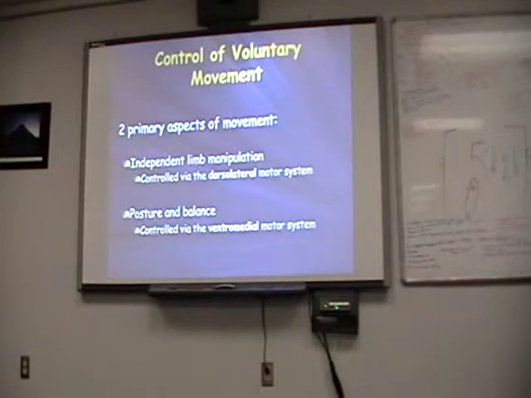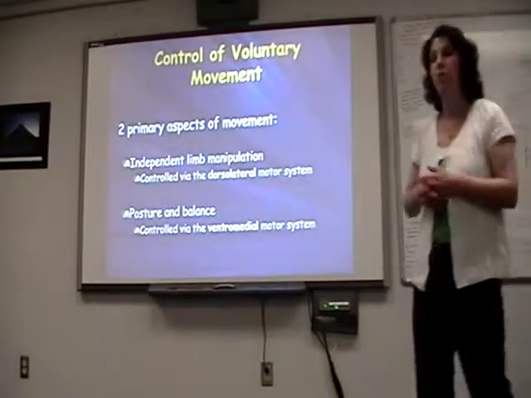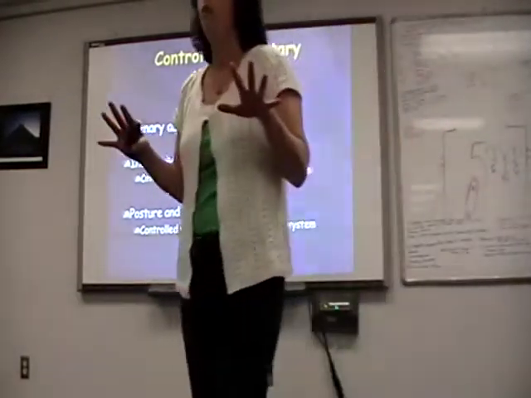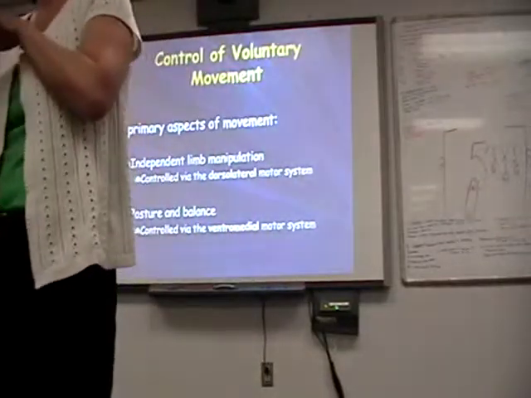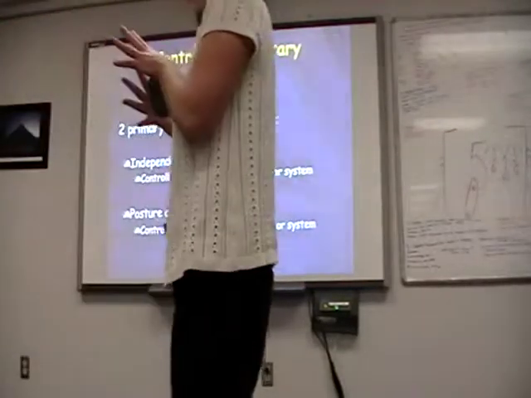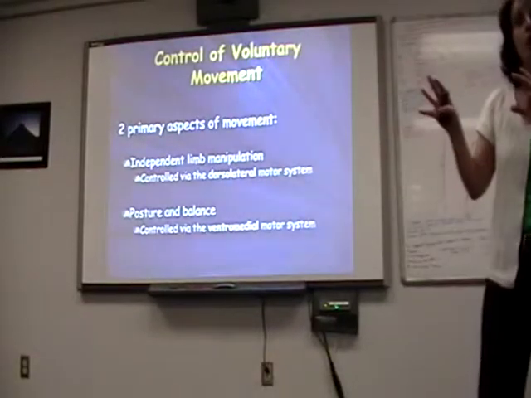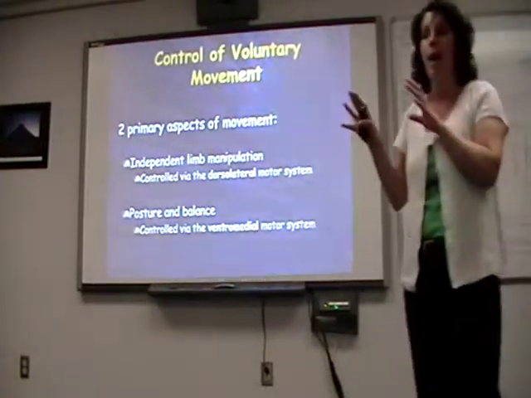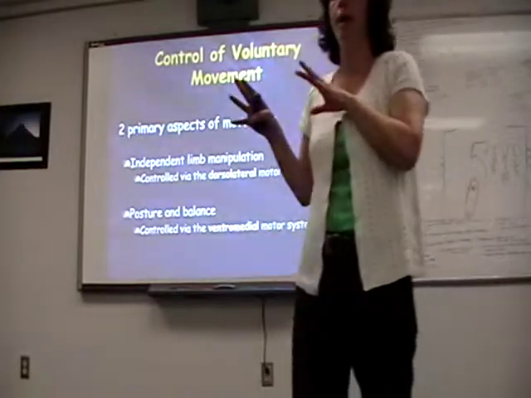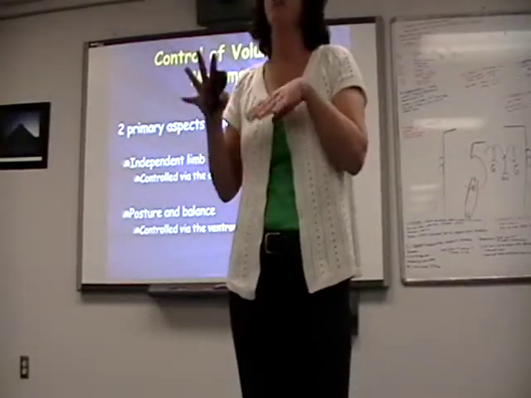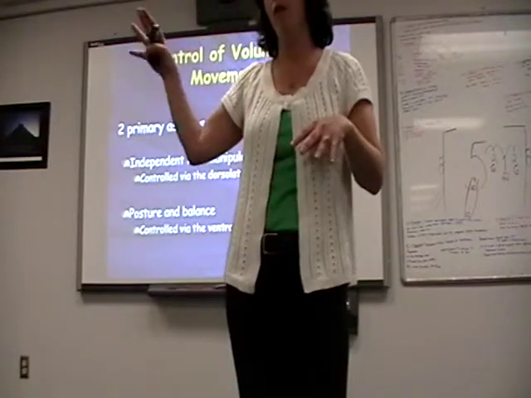So really, when we think about motor, the motor systems can be divided this way. We think about voluntary limb movement, or even reflexive limb movement, but independent limb movement, and then we think about our postural control. Our axial muscles, our neck and our trunk, are actually regulated differently from our limbs.